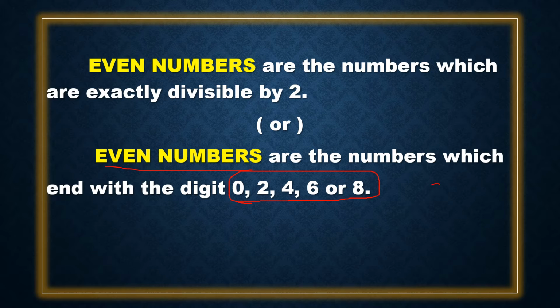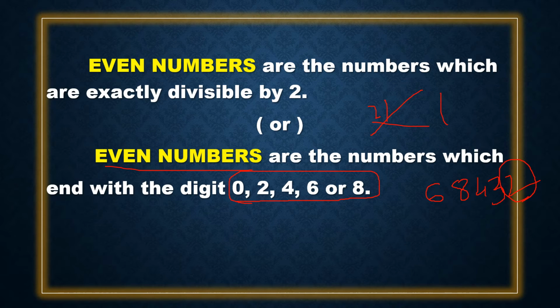Suppose I am taking 68 as an example. I cannot sit and do this division by 2 every time, right? By seeing the number itself, you can tell whether it is an even or odd number by its units digit.